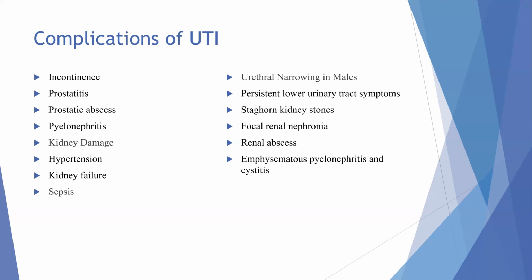Emphysematous pyelonephritis and cystitis is when the bacterial infection causes the production of gas in the kidneys and surrounding tissues. It can be very painful and has a pretty high risk of death once it gets to that point.